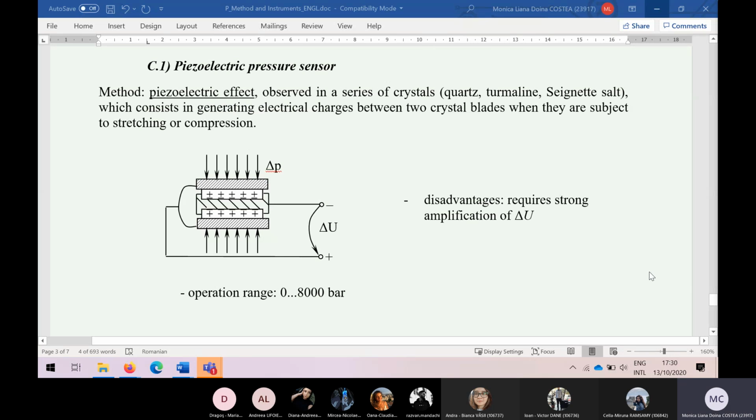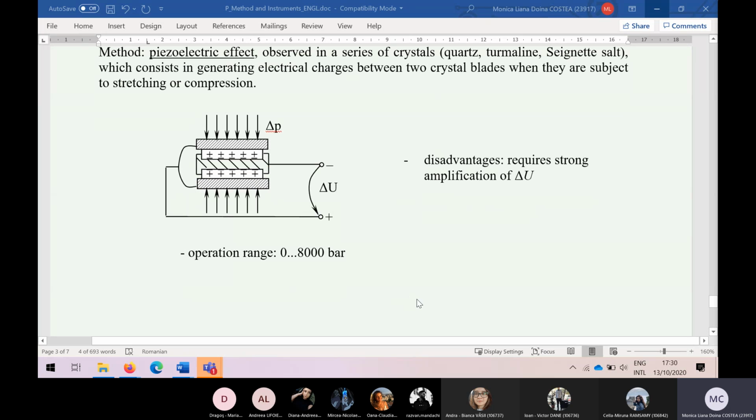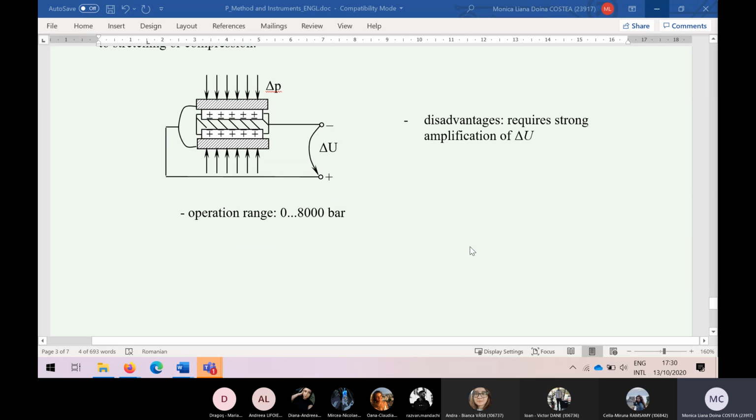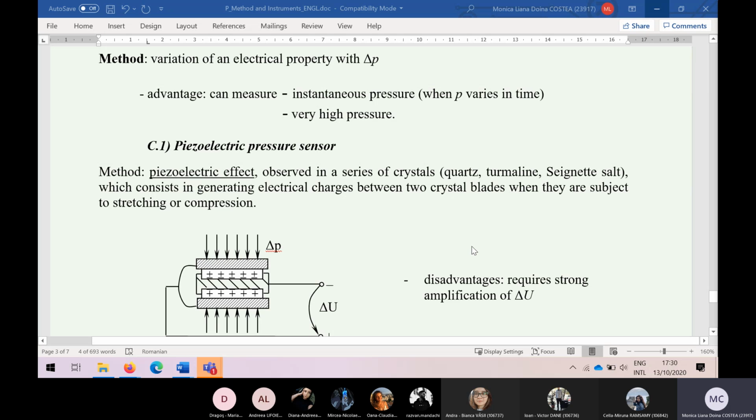As for the operation range, there are also sensors allowing, over very small time intervals, measurement of pressure up to 8,000 bar. All right, so this is what I wanted to present very briefly.